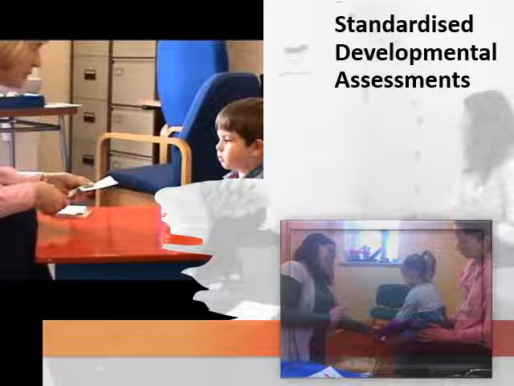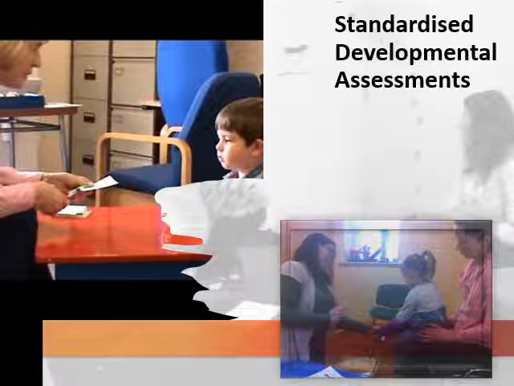In most services, doing a parent interview and getting the questionnaires completed is one of the first activities done as part of a developmental assessment. What follows is the standardized developmental assessment. That is where a child is brought into the clinic and administered a standardized test with prescribed activities that are administered in a precise way, and each item is scored, and these scores are added up to provide an overall score.